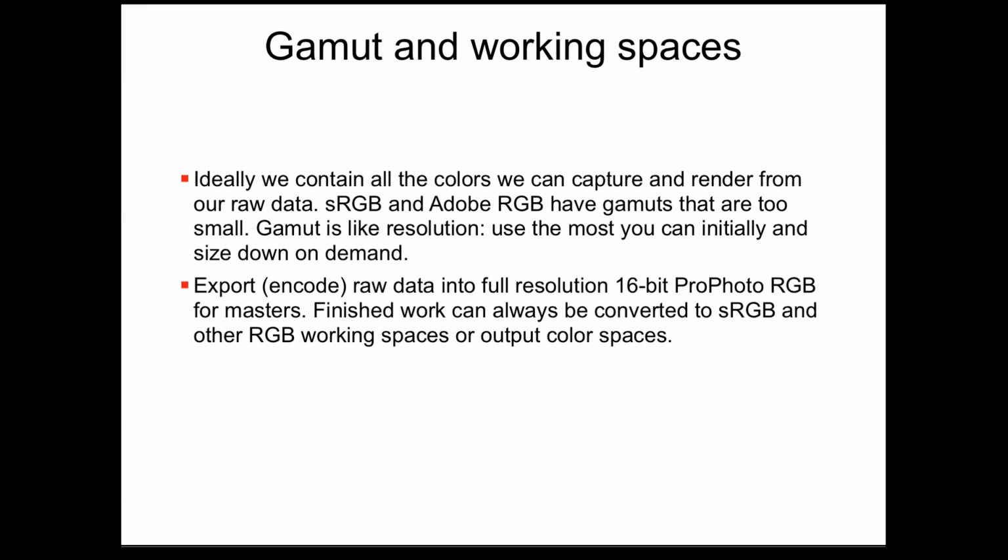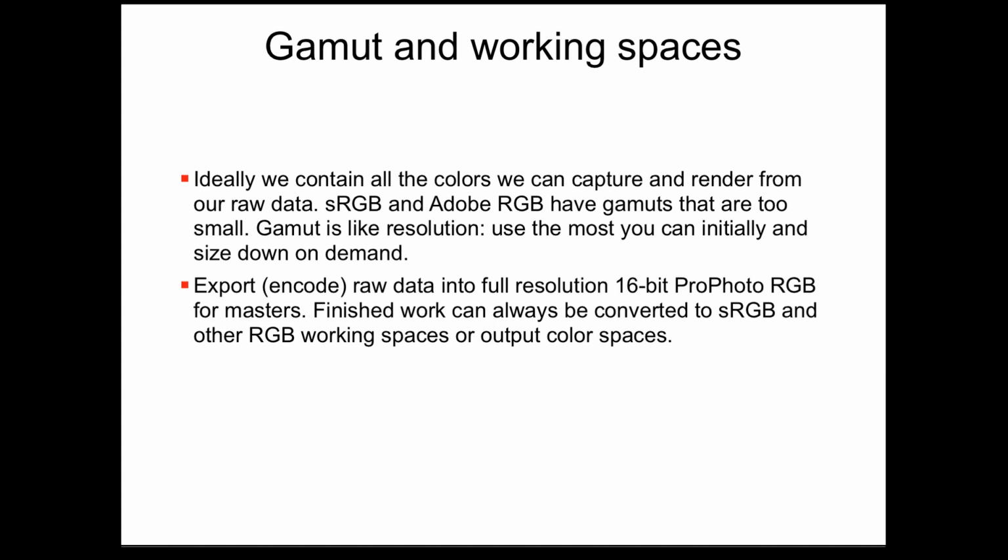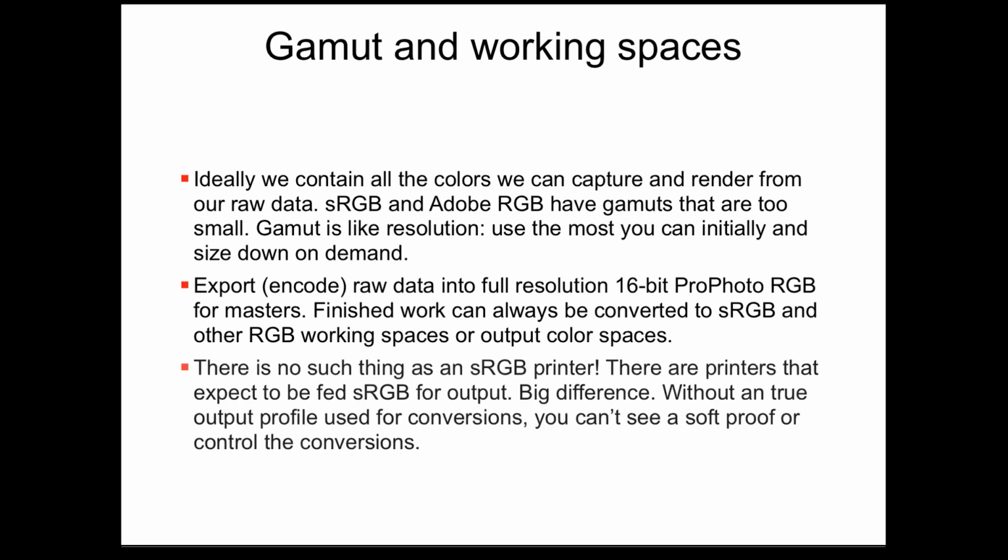If you're working in Adobe RAW converters like Camera Raw or Lightroom, it's using ProPhoto RGB primaries for its processing. You're using ProPhoto anyway, so why would you want to reduce the color gamut any further than you have to at this point? Just encode and export as 16-bit ProPhoto RGB.